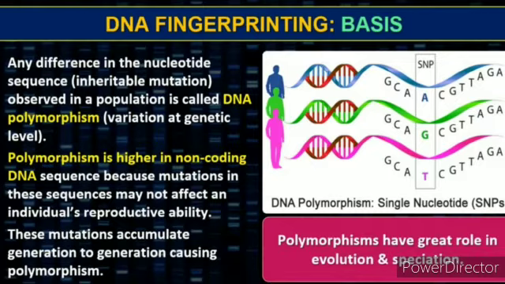These mutations keep on accumulating generation after generation and form one of the bases of variability, polymorphism. There are a variety of different types of polymorphism ranging from single nucleotide change to very large scale changes. For evolution and speciation, such polymorphism plays a very important role.